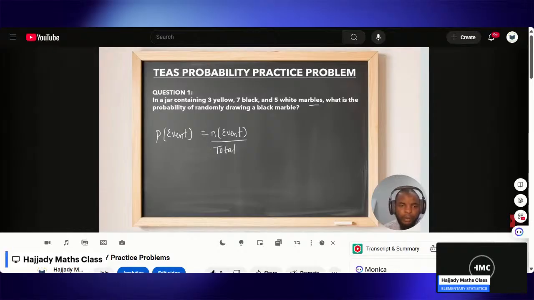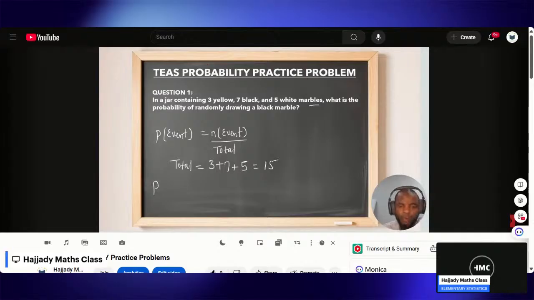Now, in this case, what is our total? Our total number of marbles is 3 yellow, 7 black and 5 white, so in total we have 15 marbles.